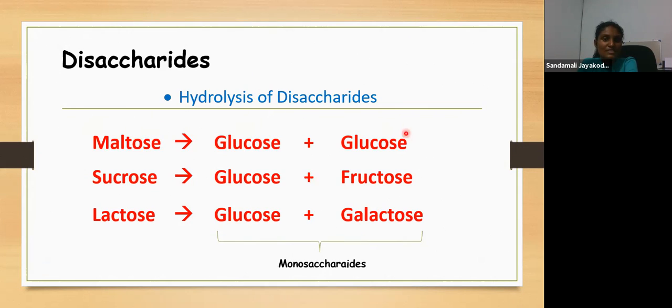Hydrolysis means breaking down. Disaccharides contain two monosaccharides joined together. That process is hydrolysis. Maltose breaks down into its building blocks, that means glucose and glucose.